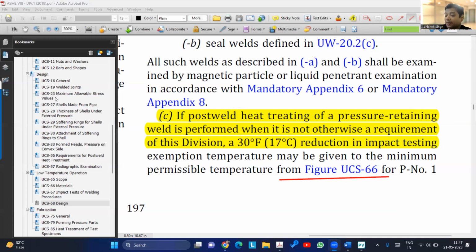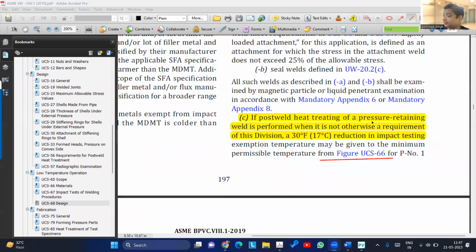If you are using that, then see, whatever, like caustic service, it is mandatory based on that code, and you are doing it. So that is kind of a process requirement. If you are doing it because of that, you can reduce that impact testing exemption by 17 degrees Celsius. Is it clear?